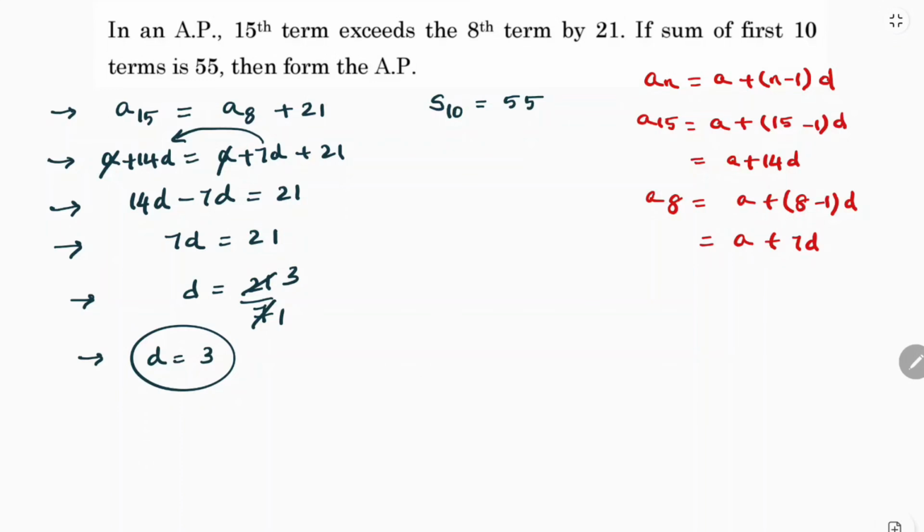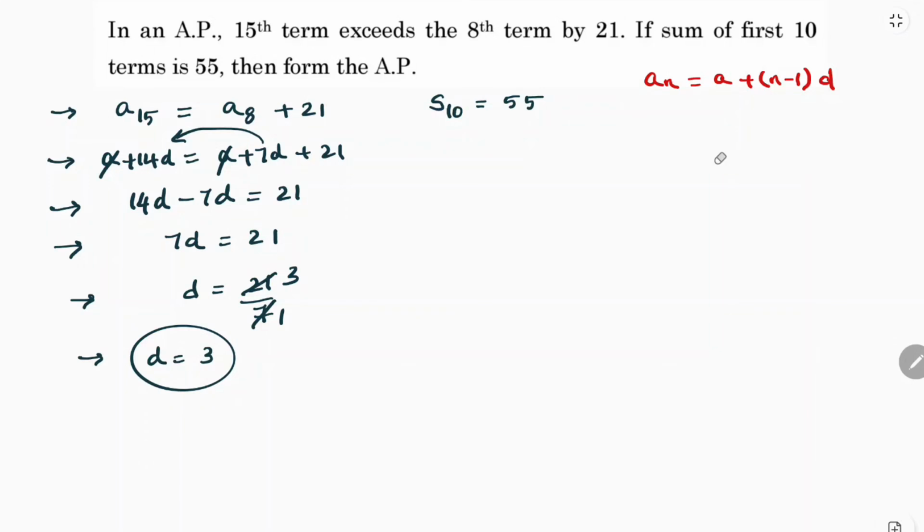Now Sn. The Sn formula, the sum of n terms, is n by 2 into 2a plus n minus 1 into d.